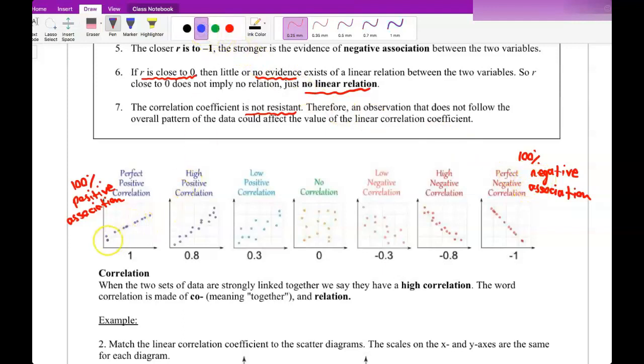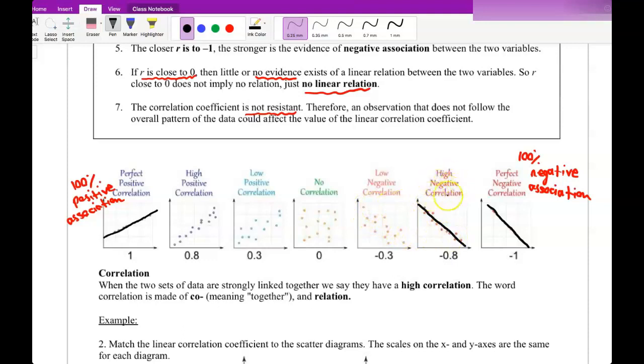Guys, we are able to draw a straight line here and have all points on one line. Same thing for this part. Here also I'm able to draw a straight line, but I'm not able to have all points on that line, though these points are very close to the line.